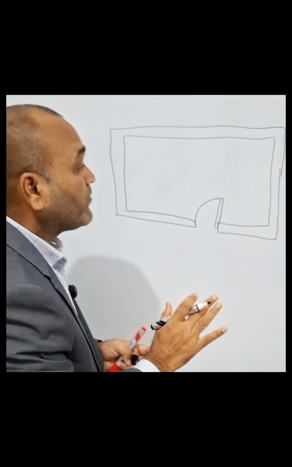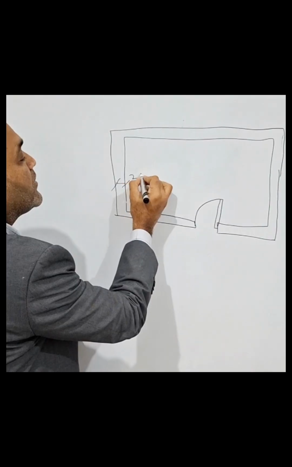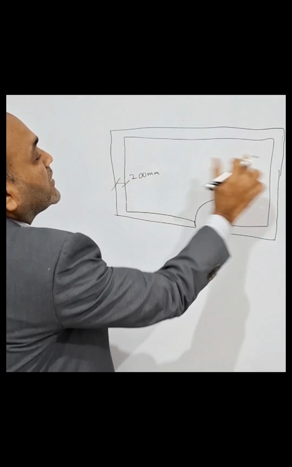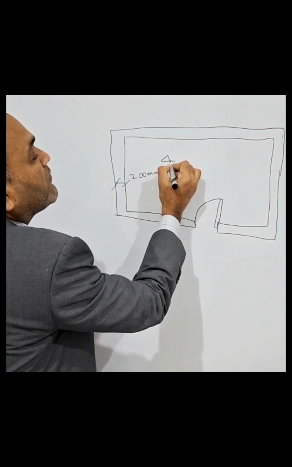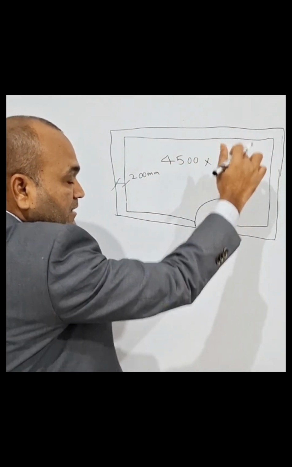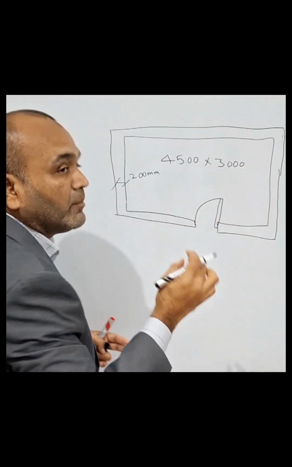This is the room, and the wall thickness we will use here is 200 mm, the horizontal dimension will be 4500, and the vertical inside dimension would be 3000 millimeter.